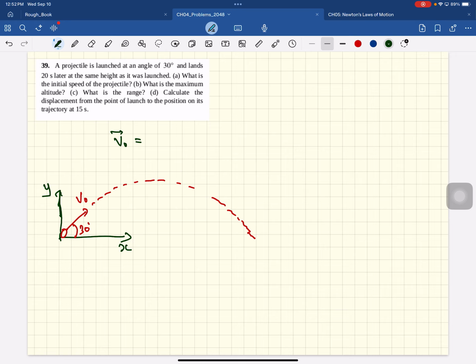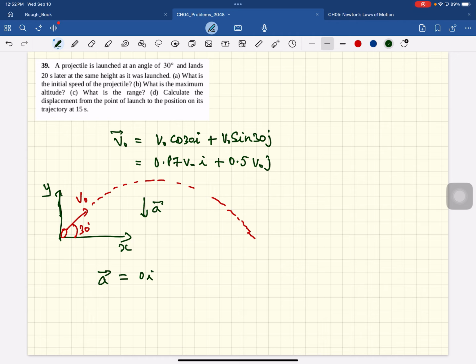The initial velocity vector is V0 cosine 30 i plus V0 sine 30 j. Your acceleration vector is 0 i minus g j.